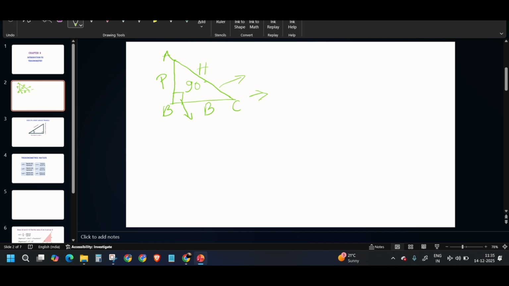Here we can also apply the Pythagoras theorem on the right angle triangle. What does the Pythagoras theorem say? The square of the hypotenuse will be equal to the sum of the perpendicular square and the base square. So what will be the expression?